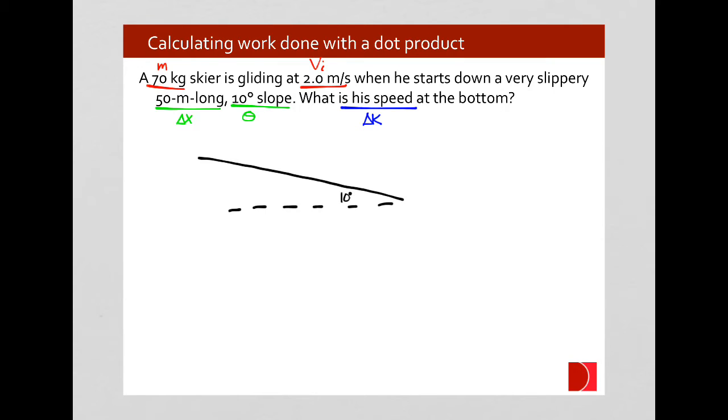So we have our 10-degree slope, we have our skier, he's got his little ski poles with him, and we know that he is going to go 50 meters.